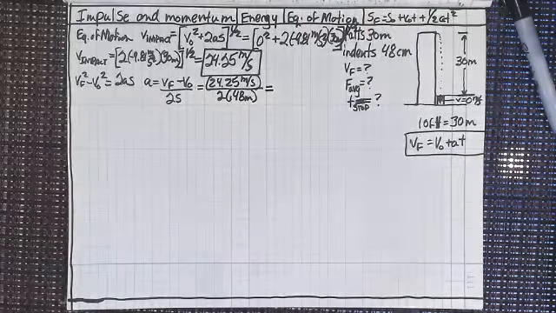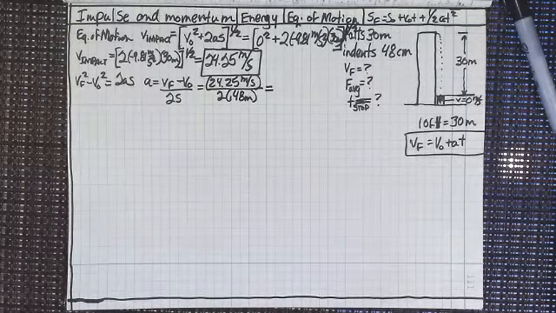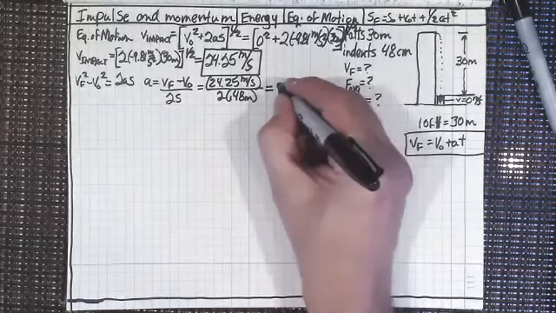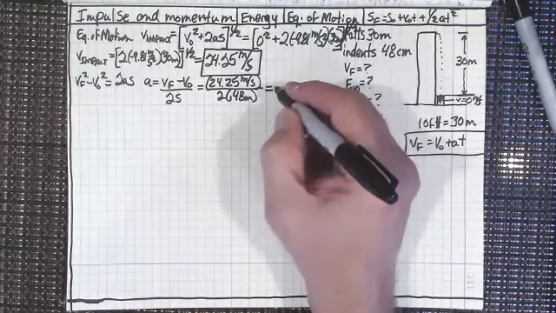And so I can use the equations of motion to figure out basically the deceleration that it's going to give me. 24.25 divided by 0.96 equals 25.26. Wait, is that what I got?